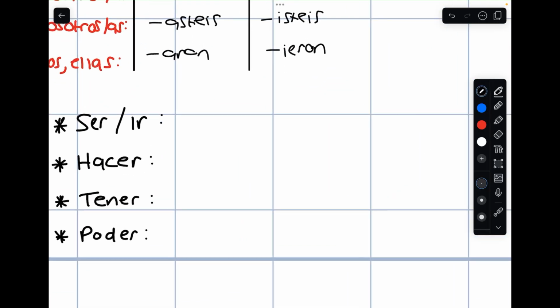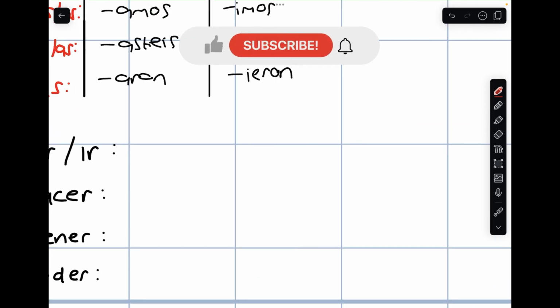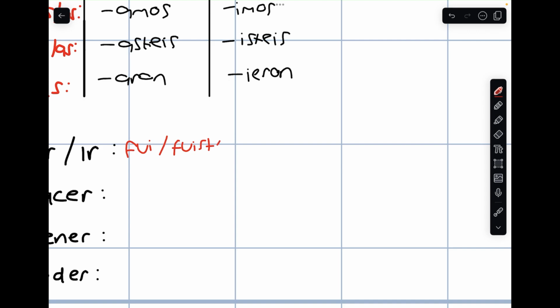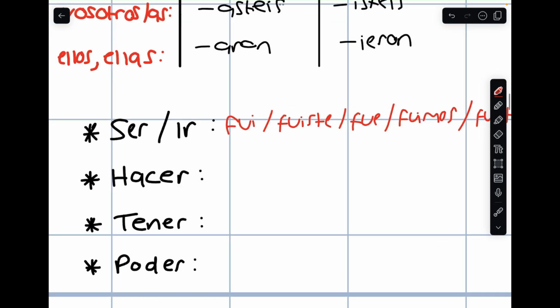So, just like in the present tense, ser and ir are irregular, but interestingly, in the preterite, they use the same conjugation. So, ser and ir become fui, fuiste, fue, fuimos, fuisteis, and fueron. Next, we have hacer.